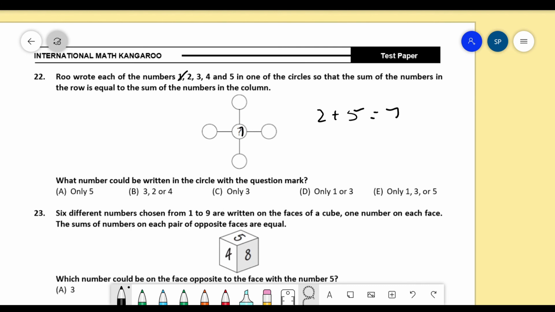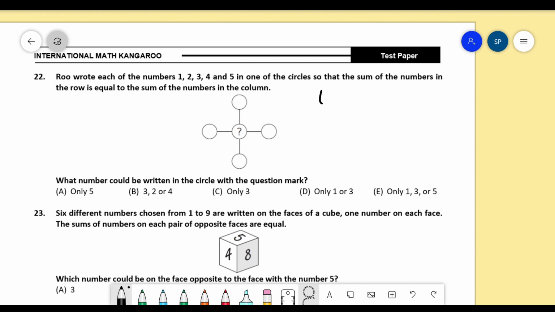And now we have 3 and 4. 3 plus 4 equals 7 too. So 3 and 4 could be put here, or they could be put in these two circles, but that doesn't matter. Either way, if 1 is in the middle, it is possible to be solved, which means 1 can be correct.